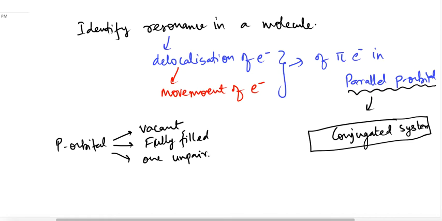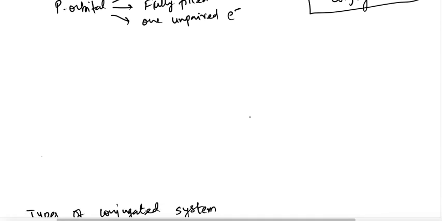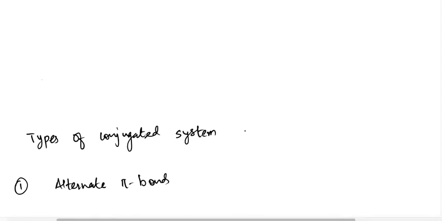In all cases, this p orbital will participate in resonance. Okay, so now we will see the types of conjugated system.